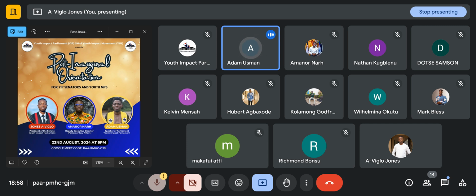Another one to talk about is collaboration. As mentioned, during the inaugural meeting, you will be placed in committees. You have standing committees and select committees. This is where collaboration comes in. We want all youth leaders to value teamwork and seek to work collaboratively with others to achieve a common goal.